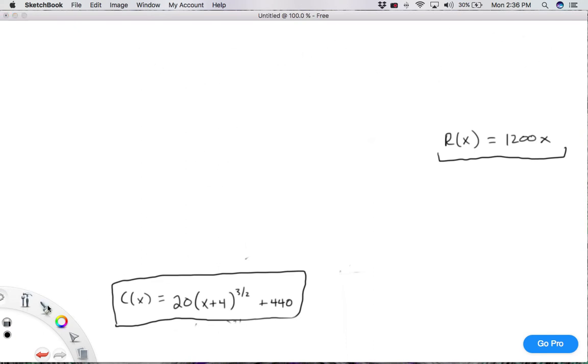Okay. So once again, our profit is just our revenue minus our cost. So we got our revenue 1200x minus our cost, 20 (x plus 4) to the 3/2 plus 440.